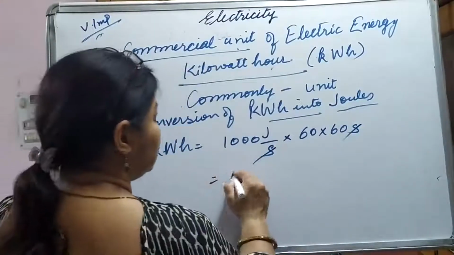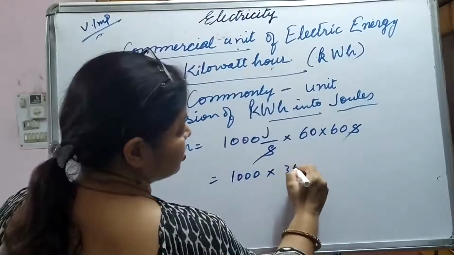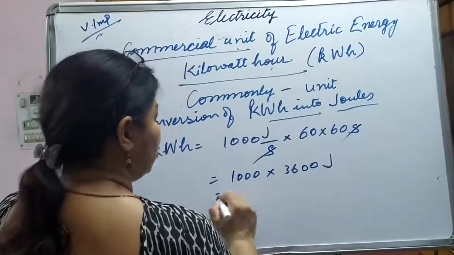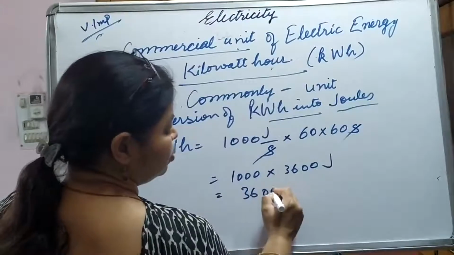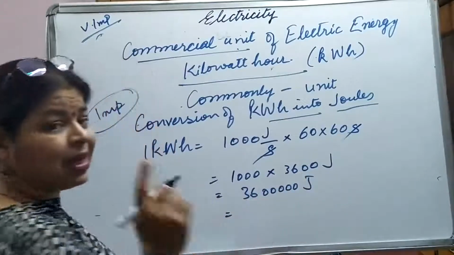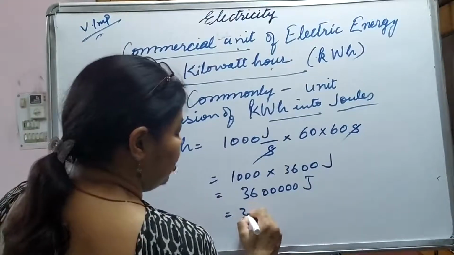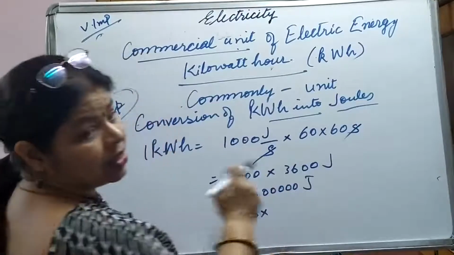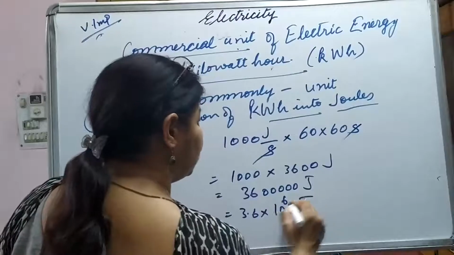It becomes 1000 into 3600 joule, or in standard form, 3.6 into 10 raised to power 6 joules.